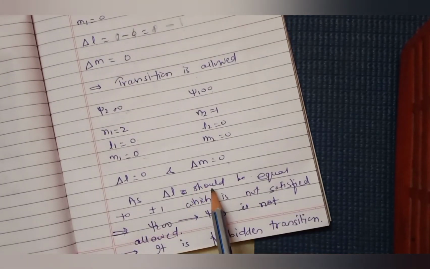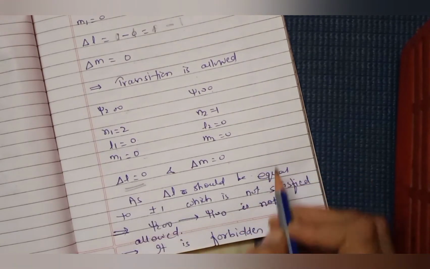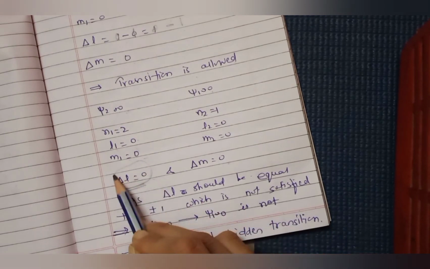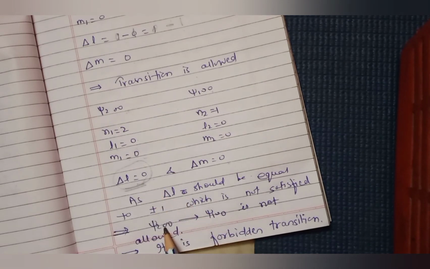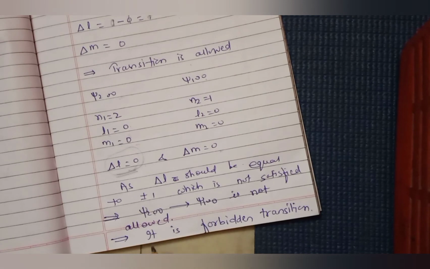As delta l is 0, this is not allowed, because as per the selection rule, the allowed value of delta l is either plus 1 or minus 1. So here the selection rule is not followed. That is how the transition psi 200 to psi 100 is not allowed, or in other words, you can call it a forbidden transition. So this is about selection rules and the allowed and forbidden transitions. Thank you.